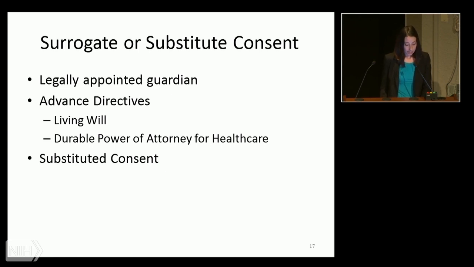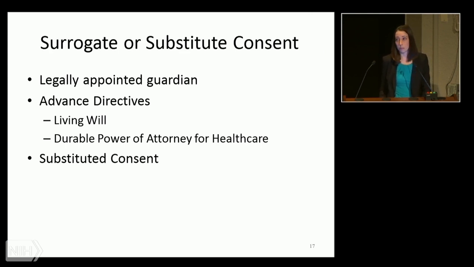A guardian, again, in the U.S., if you're over 18, there's an assumption that you're competent. If an adult loses capacity or has never had capacity by the time they turn 18 because of a developmental delay, let's say, one can petition the court for guardianship. There's a whole legal process that the court goes through. There's fact findings.